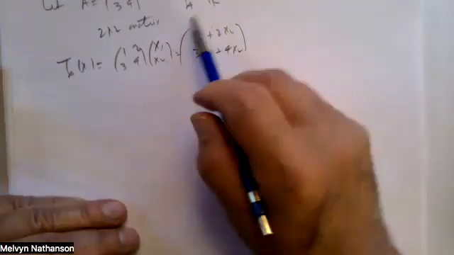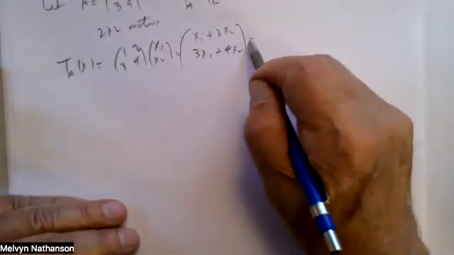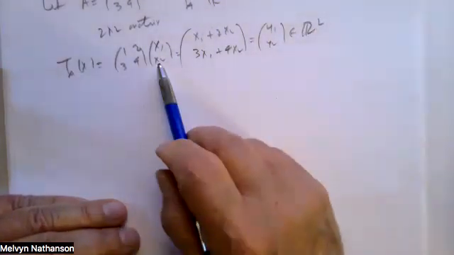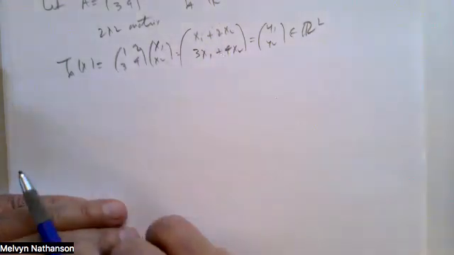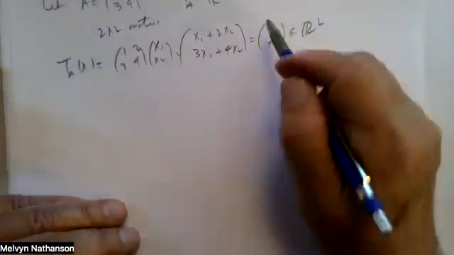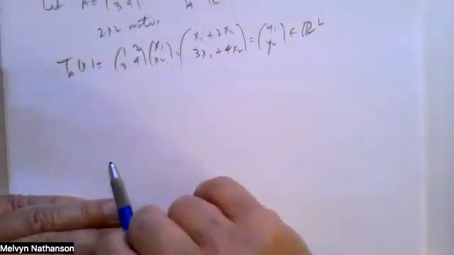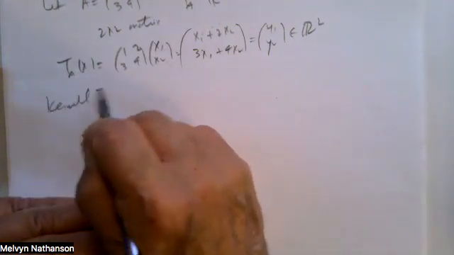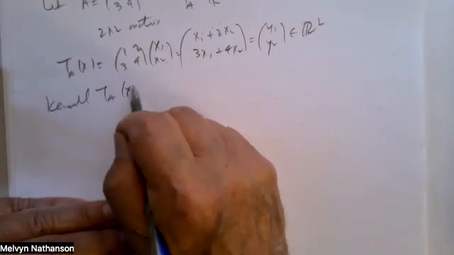So you take a vector, so this is my vector y1, y2 in R2. x1, x2 gets mapped to this. What's the kernel of T sub A of x?